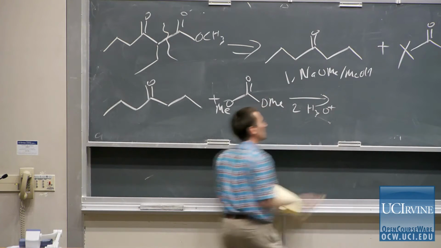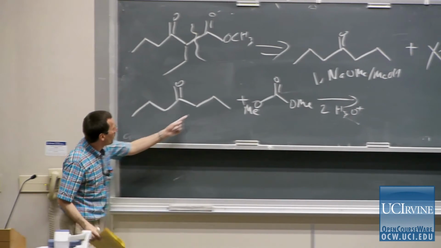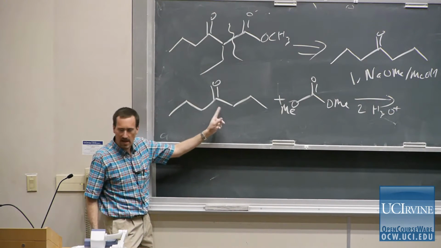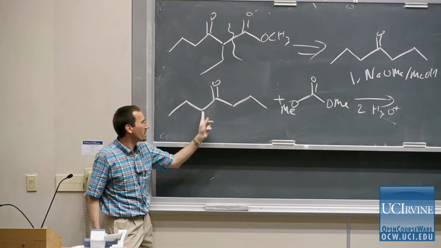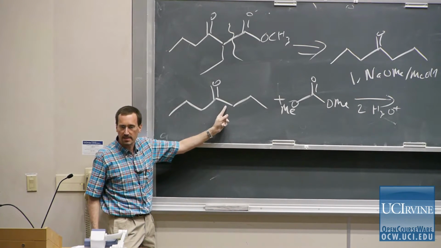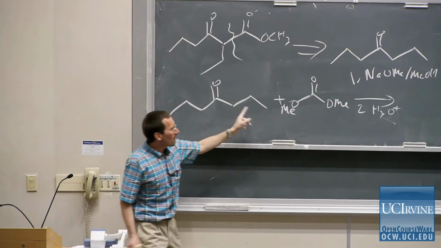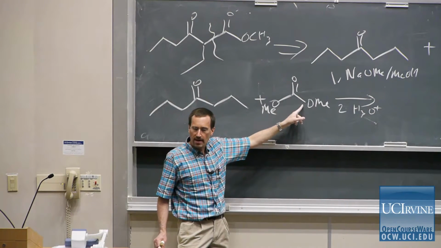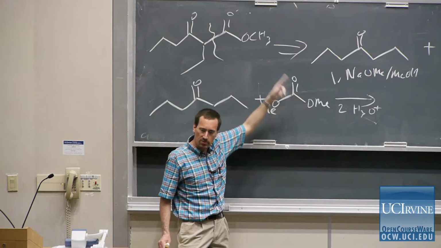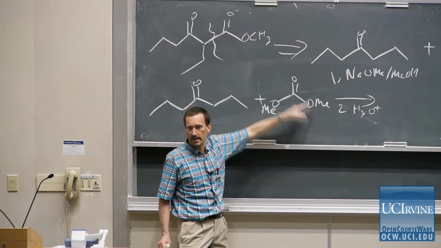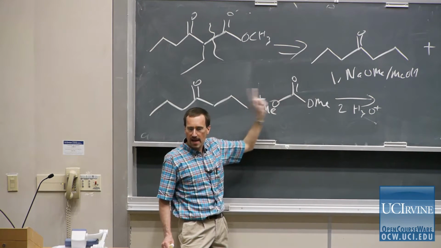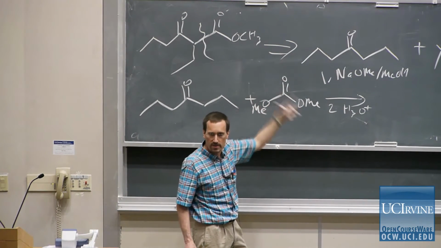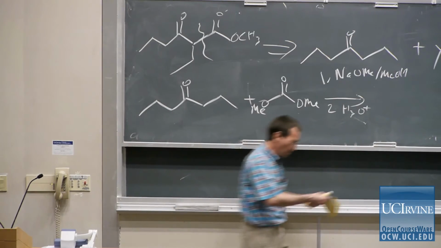Okay, does that make sense? Let's see. Well, there's only one component that can form an enolate. There's only one type of enolate that can form, whether I enolize to the left or the right, it's the same thing. That enolate can attack this carbonyl compound, and ultimately then the same chemistry, form a tetrahedral intermediate, kick out a methoxide. Now we have a 1,3-dicarbonyl. The 1,3-dicarbonyl is more acidic. The methoxide pulls off the proton.